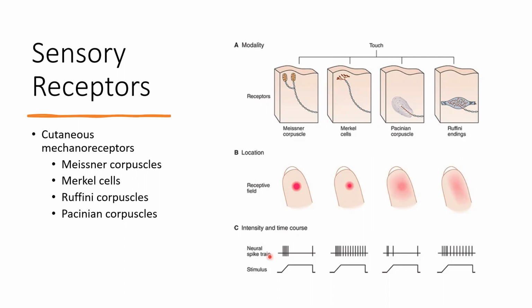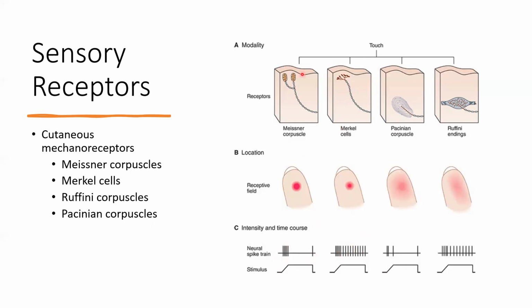Also take note, aside from location, of the intensity and the time course of the stimulation perceived by your receptors. The Meissner corpuscle is more quick, and then it fades away, while the Merkel cell is more sustained, so it is able to respond to sustained pressure and touch.